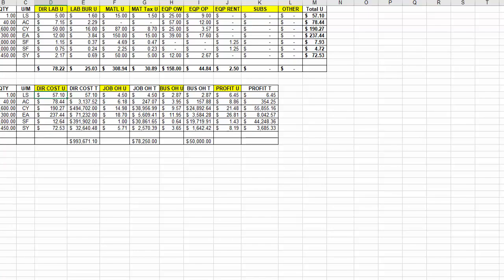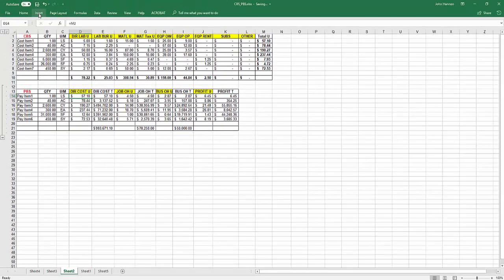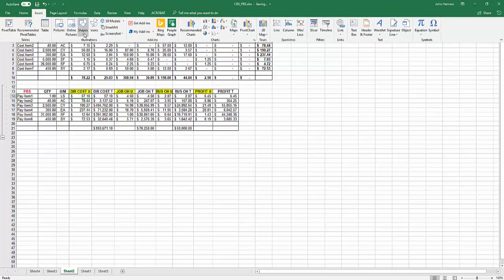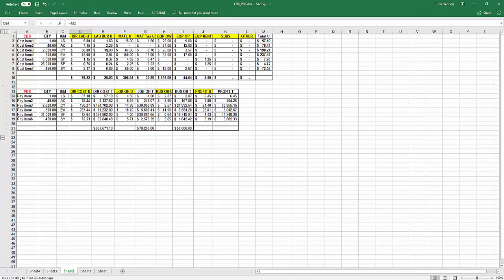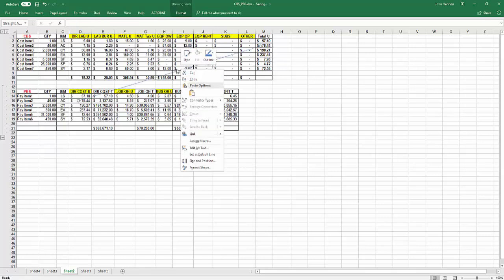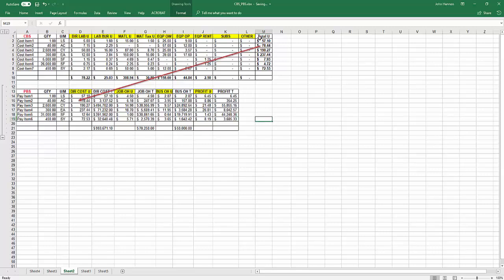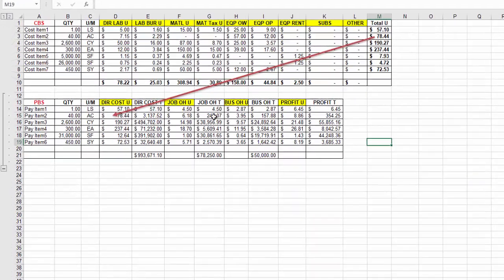So I don't know if I can draw a little arrow on here or not. Maybe so. Okay, so you'll see these numbers come over here, and we add the overheads.